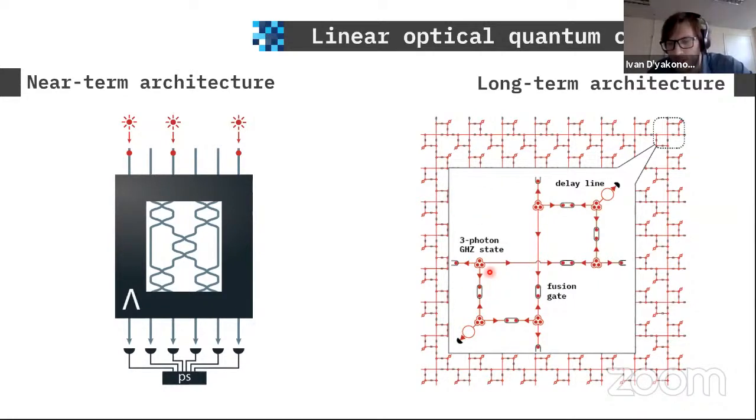The main obstacle here is actually these 3-photon GHZ states inside, which are quite hard to generate. At the moment, there is, I would say, no source of 3-photon GHZ states on demand. There are some approaches to create these 3-photon GHZ states using quantum dots, for example.